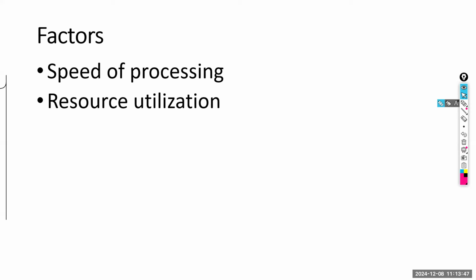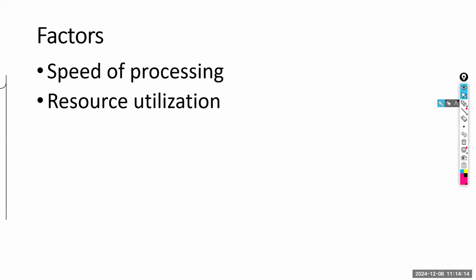That is their speed. So therefore we need to measure the speed. Measure the speed of computer processors or computers. So the processor speed, the computer speed, depends on the speed of the processing and resource utilization, because there can be a bottleneck somewhere else. Sometimes your processor is very high speed, but you don't have enough memory.